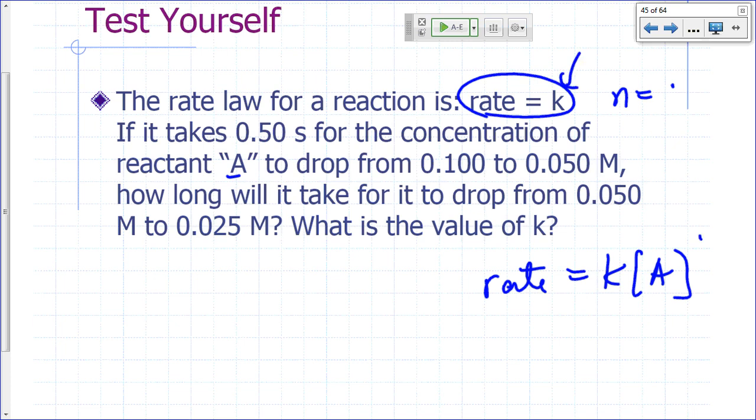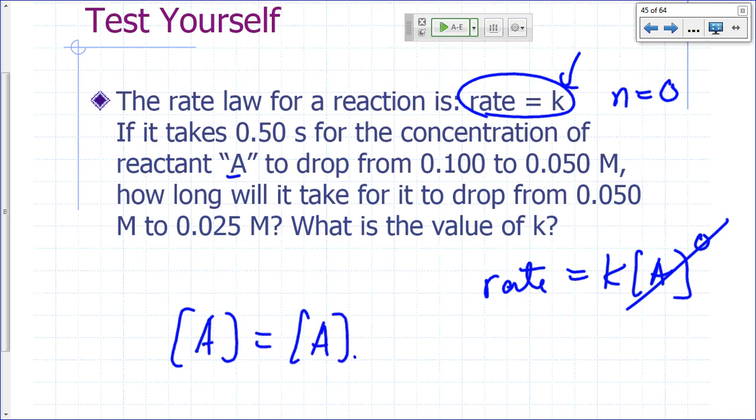If A doesn't appear here, 0 order, right? So N equals 0. Okay. So what's the equation that's applicable to this? Concentration of A would be concentration of A naught minus KT, right? So that's the equation that's applicable there.